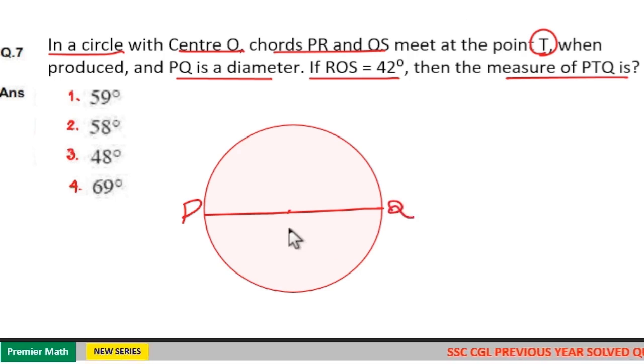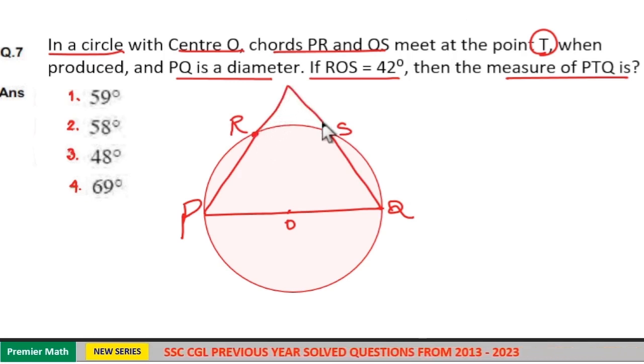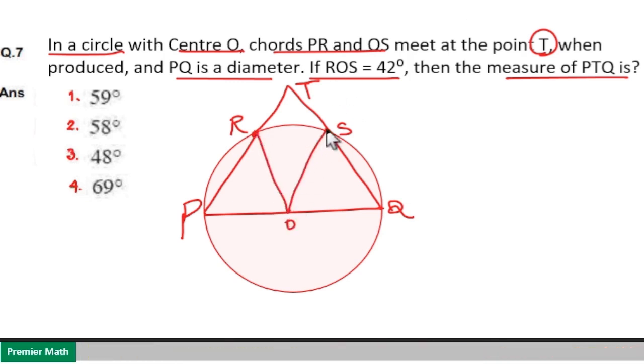Chords PR and QS meet at point T. So this is chord PR and this is chord QS. Now these two chords meet at point T. And here angle ROS is 42 degree. Then we have to find out what is angle PTQ.